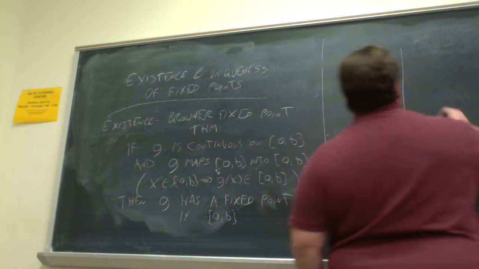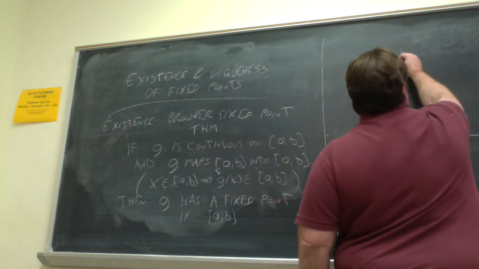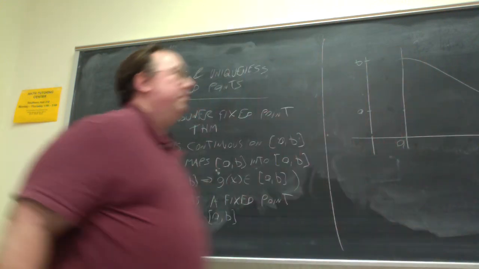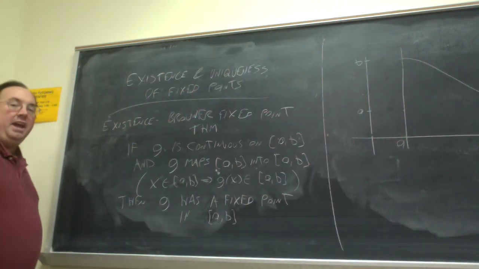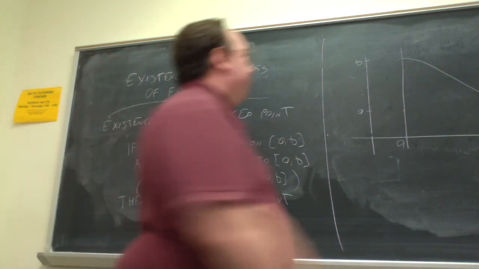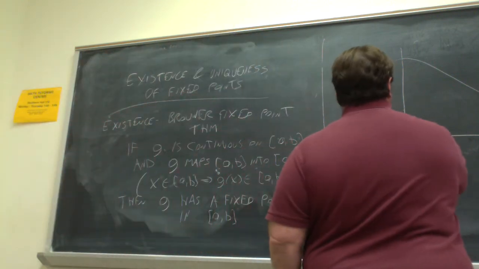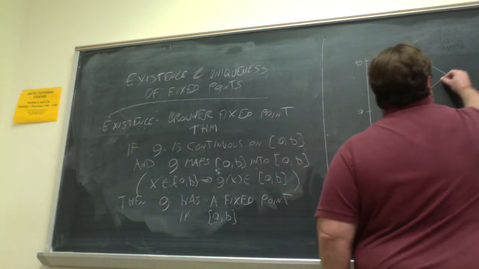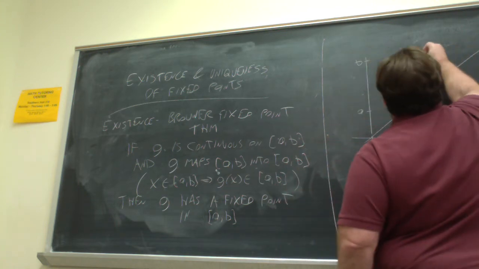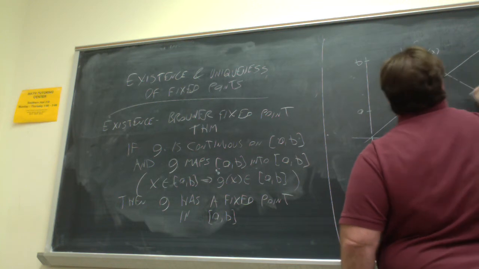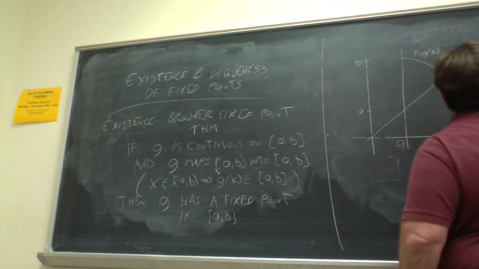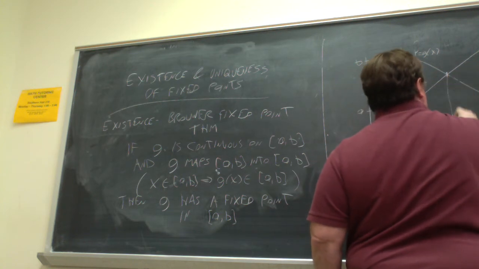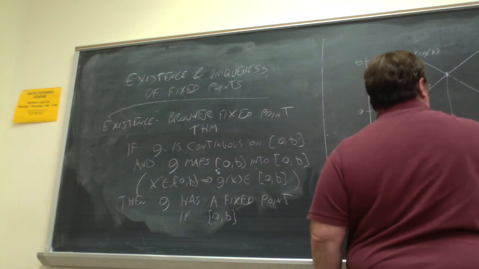So it could be, for instance, something like that. So that qualifies. And if I were to also draw the function f of x equals x. All right, so this is y equals g of x, and this is y equals x. Sure enough, they have an intersection. So this is a fixed point x star.